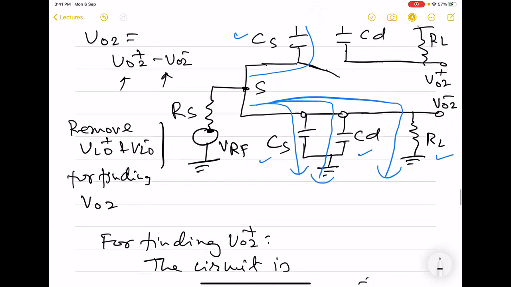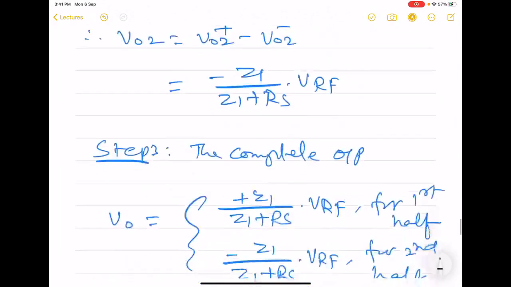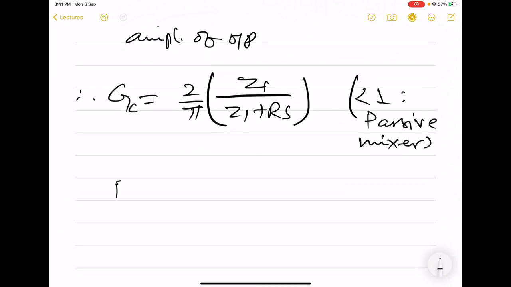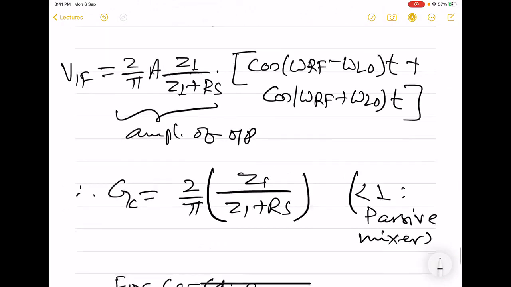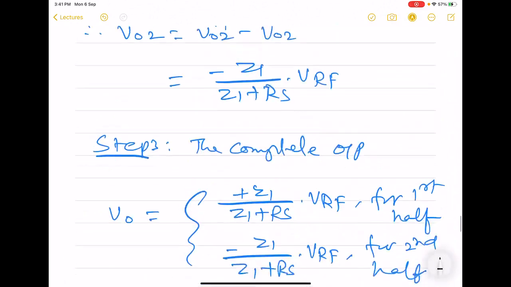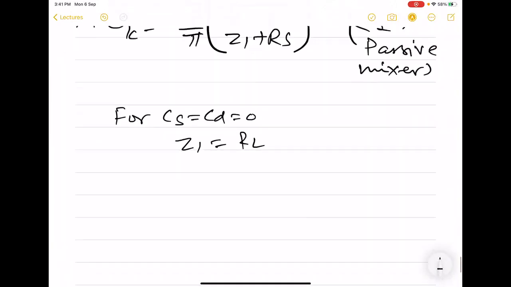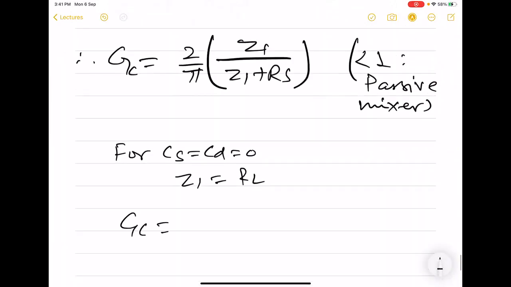So we will have to remove these capacitors from here so that we can find the conversion gain in their absence. So for CS, CD equal to 0, we see that Z1 becomes equal to RL. So then the only thing that will survive here is this RL. So for this case, GC becomes 2 by pi RL divided by RL plus RS.